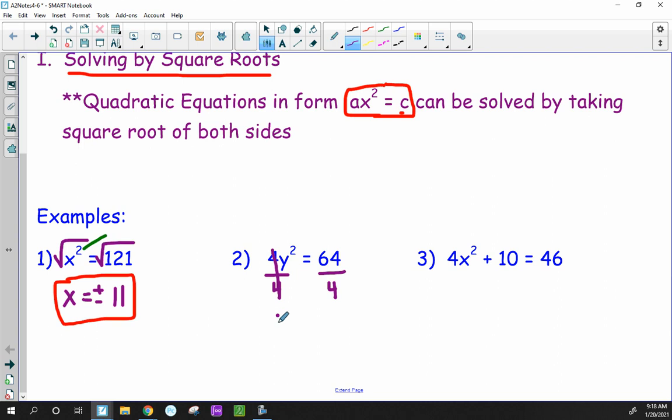I've had a lot of students in the past not do that, and then they miss the answer. So always isolate or get the variable quadratic term by itself first. 64 divided by 4 is 16. And then you're going to undo the power of 2. Again, the opposite of squaring is taking the square root. Whatever you do to the left side, you have to do to the right side of the equation.